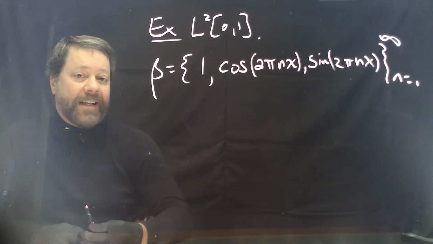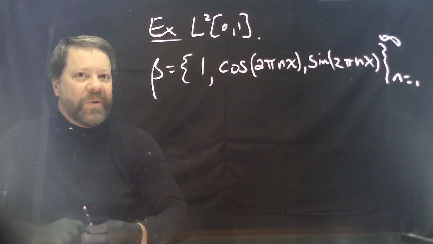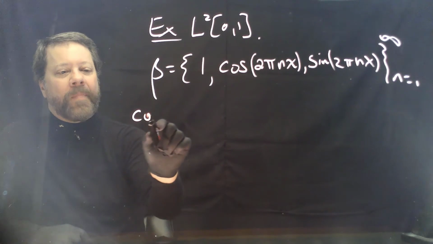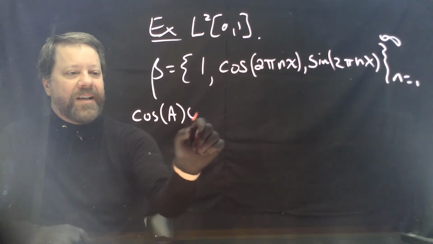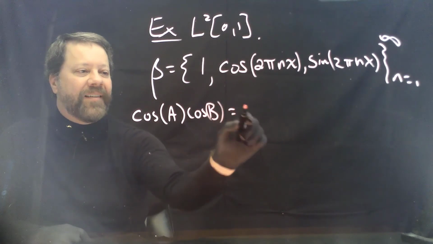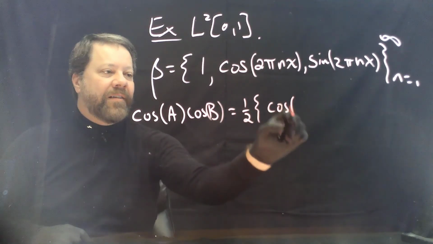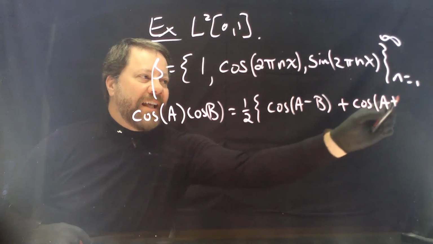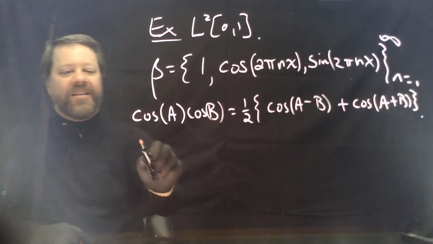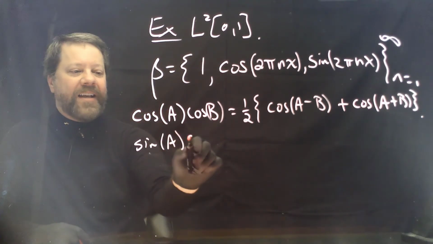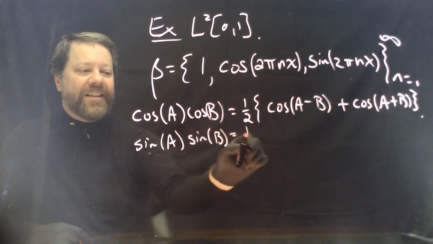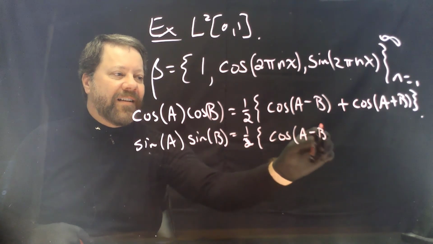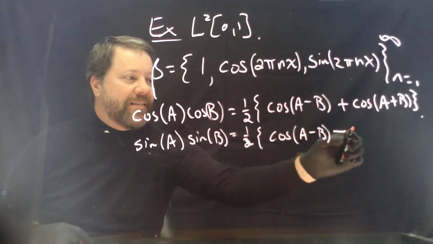Before we can check the orthogonality of the other functions, we need to recall some basic identities, the product to sum identities. Cosine A, cosine B is 1/2 cosine A minus B plus cosine A plus B. Also, sine of A, sine of B is 1/2, and this time the only difference is that we have a minus.